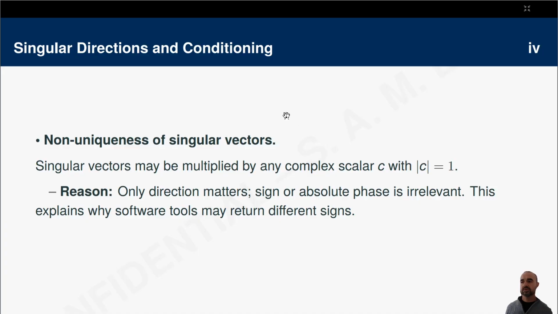Let's go to the next one, and let's talk also about non-uniqueness of singular vectors. Singular vectors may be multiplied by any complex scalar c with magnitude of c equal to 1.